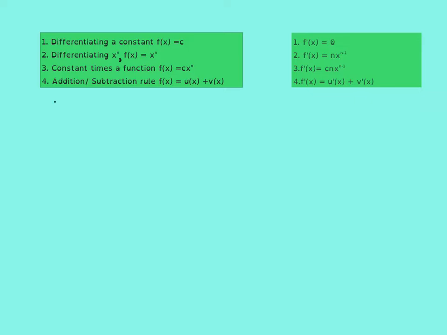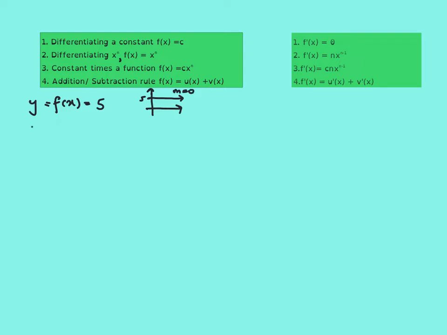Okay, so the first one I'm going to have here is f of x is equal to 5. So this is the same as y. If I say y is equal to 5, I'm going to have a straight line going through 5. And if we just look at this, we can see that the slope is equal to 0.